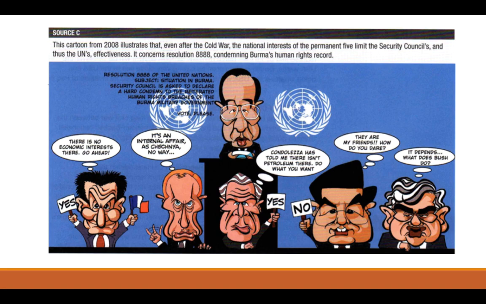Who does it look like? This is Russia. Russia is saying let's not intervene, it's the internal affairs of Burma, because Russia knows it can be compared to its own internal affairs, since in Chechnya there were so many human rights violations.